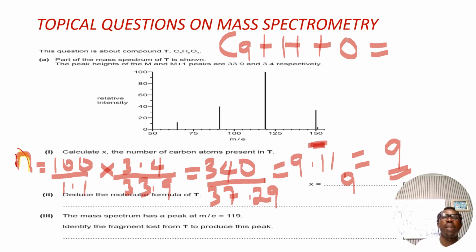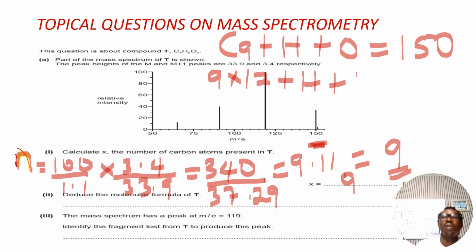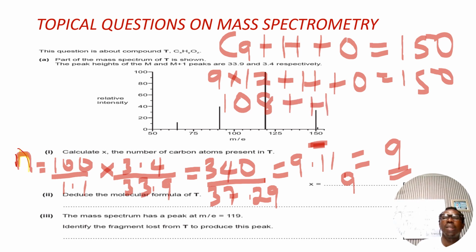So we say carbon is 12, which is 9 times 12, plus hydrogen plus oxygen is equal to 150. 9 times 12 will be equal to 108, plus hydrogen plus oxygen is equal to 150.